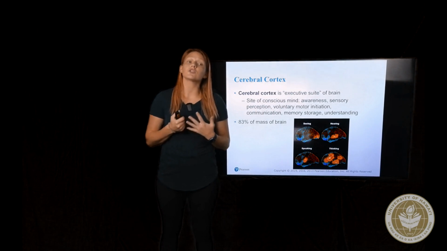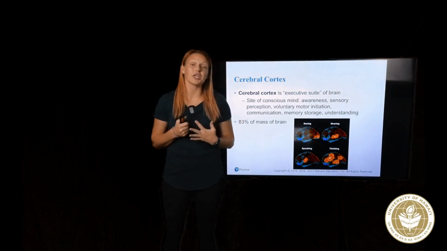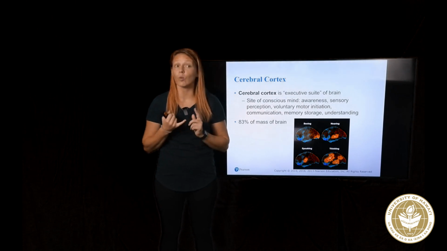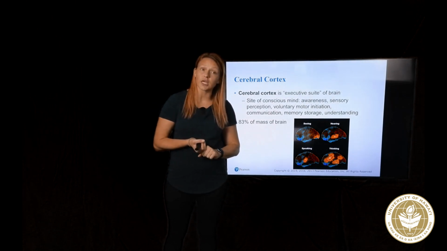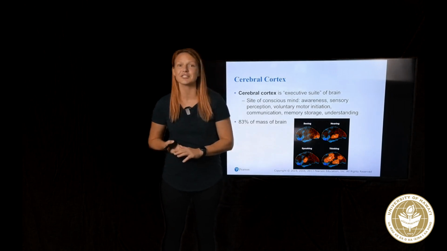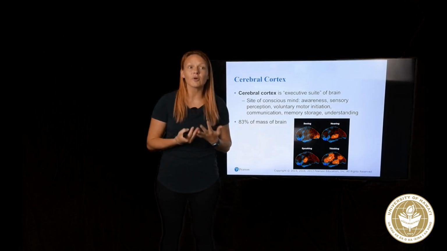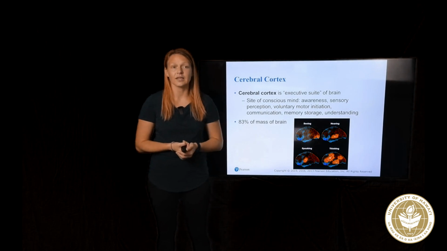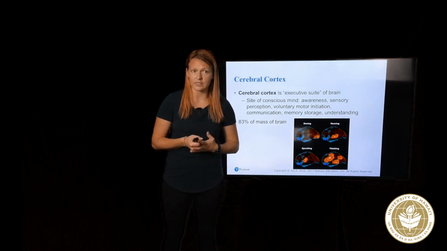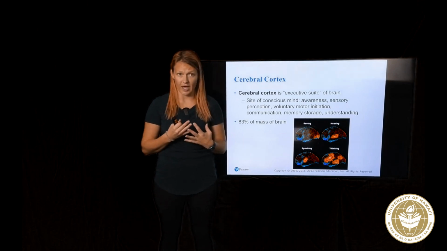In terms of our cerebral cortex, it is really important for all of our functions. It's in charge of things like our awareness, sensory perception, voluntary motor initiation, communication, memory storage, and understanding. So the cerebral cortex is the executive suite of the nervous system where our conscious mind is found.